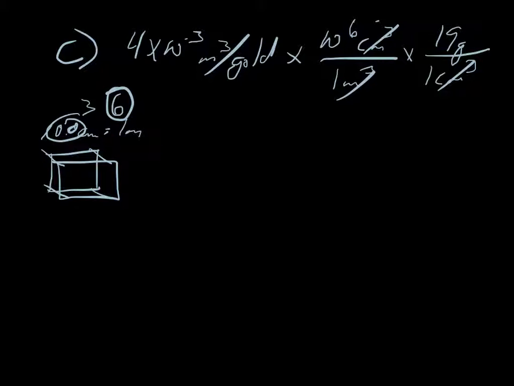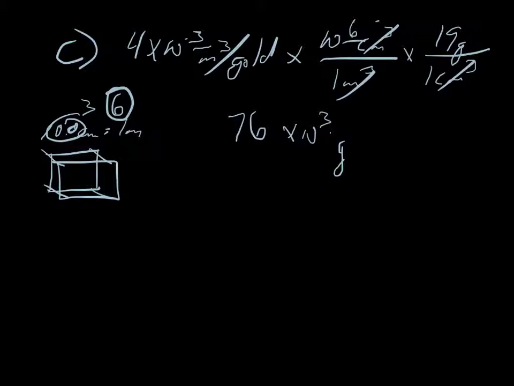So it would just be multiplying these across with each other, and you end up with, for C, 76, right? 4 times 19 gives you the 76 number, and it's times 10 to the third grams, because it's -3 plus 6, which ends up as +3.